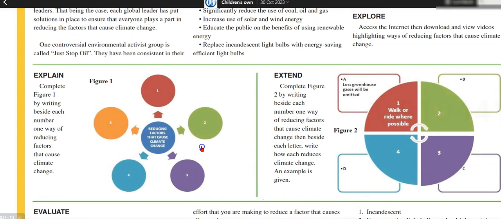So what could we do? We could increase the use of renewable energy sources such as solar and wind. We could, as was said before, eat less of the animals such as cows, sheep, and so on. So focus on the plant-based foods.